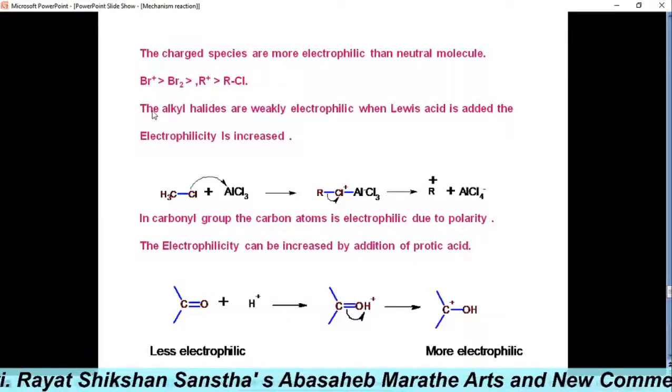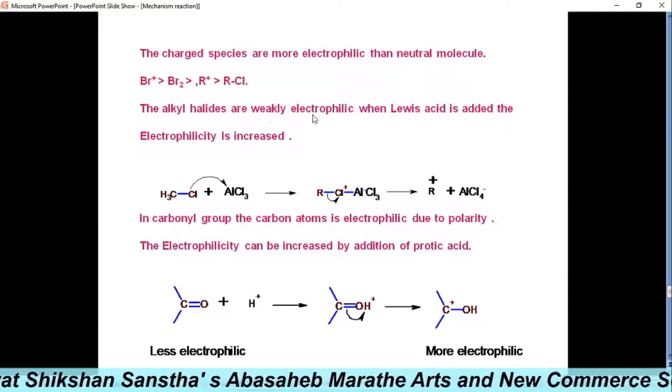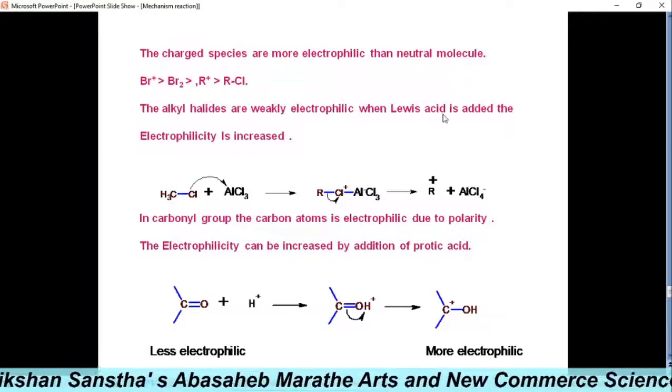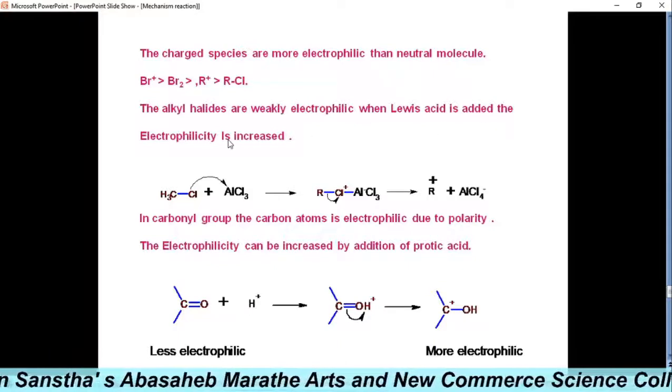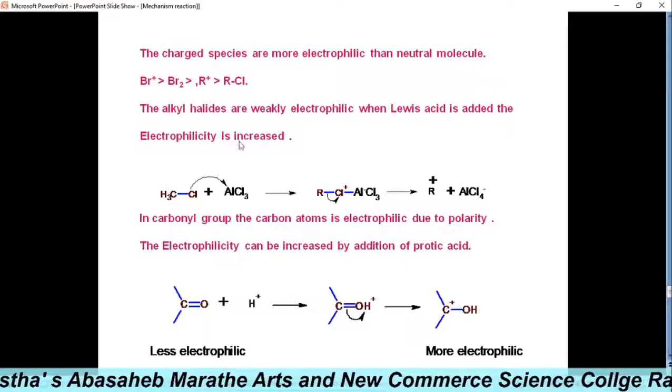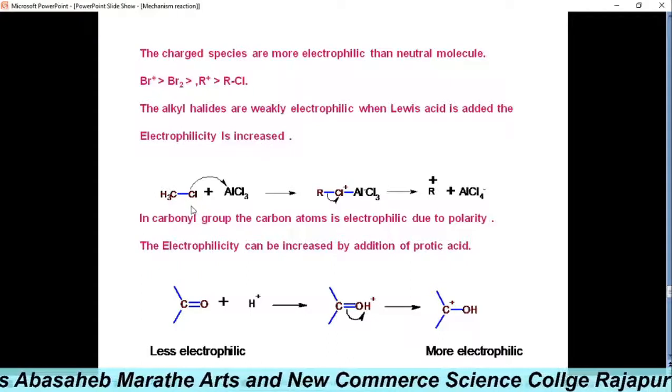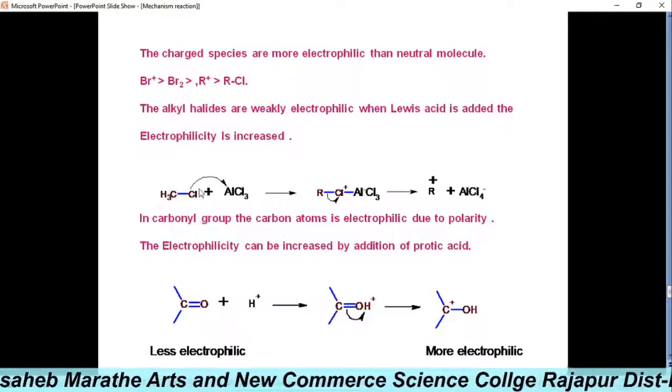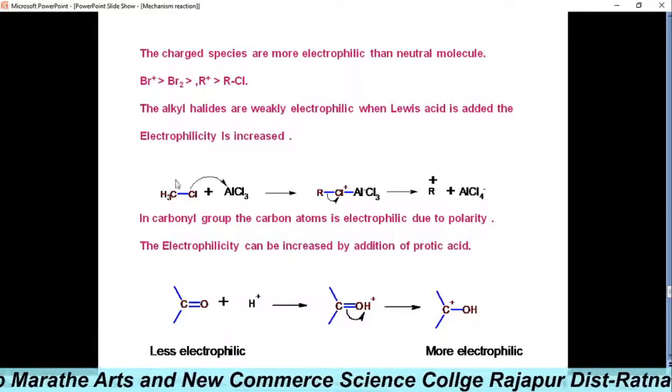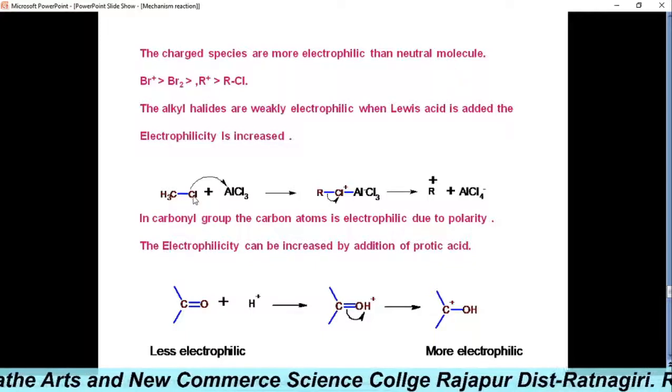Next point, alkyl halides are weakly electrophilic, but when a Lewis acid is added, the electrophilicity increases. For example, see methyl chloride.